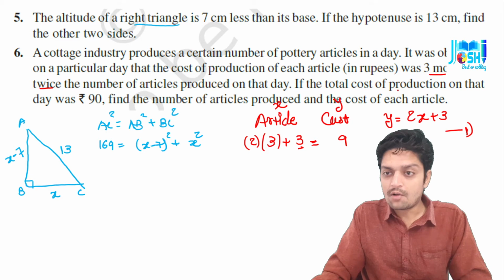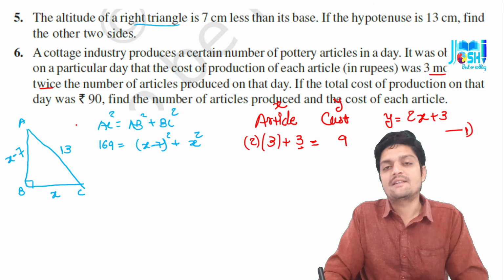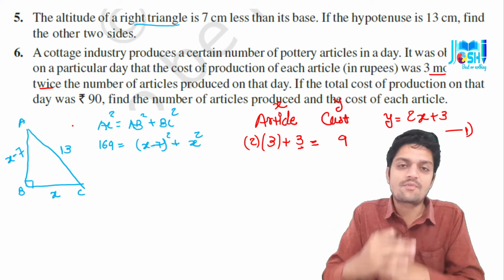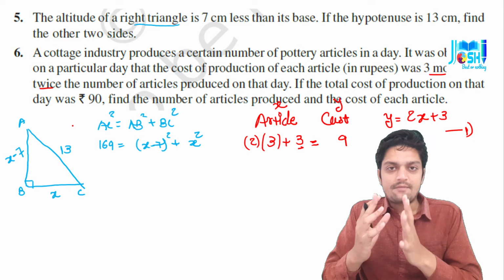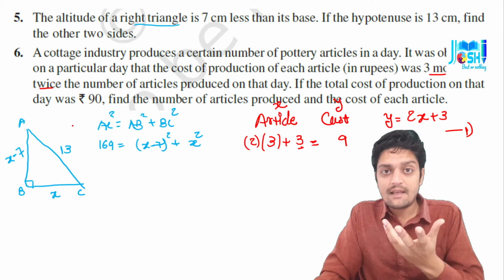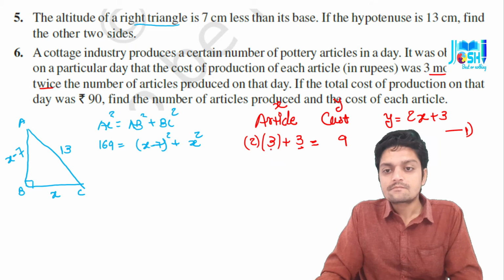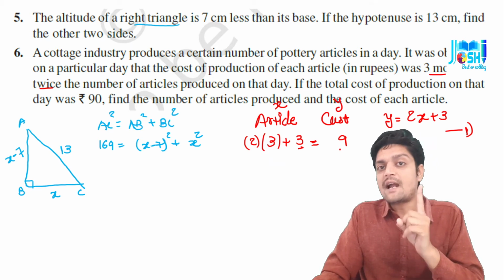Now, if the total cost of production on that day was 90 rupees, what is the total cost of production? You tell me. Total cost means, for example, let us take the same example again. 3 articles are produced, then the cost of each article is 9.